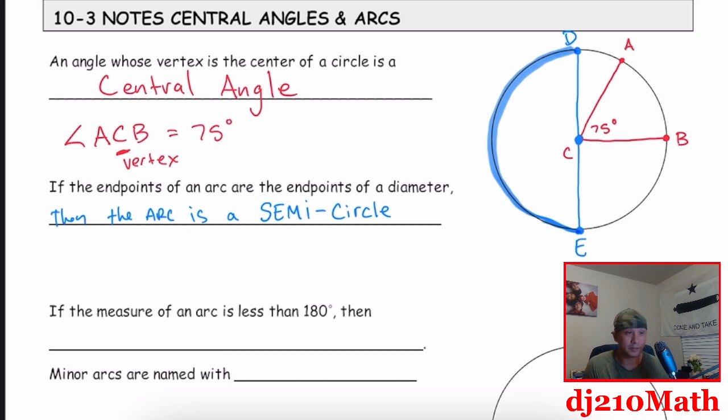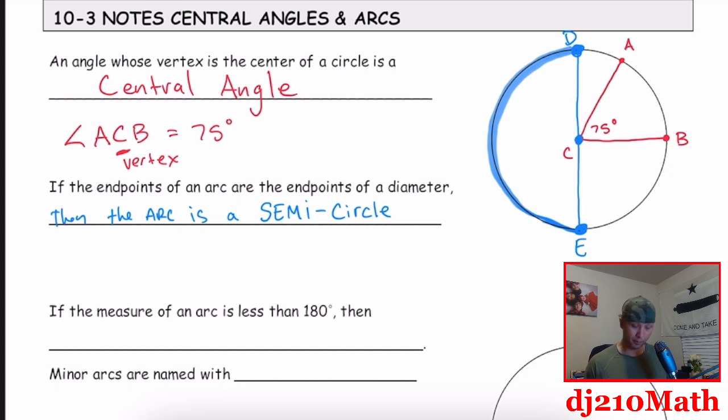Semicircle. If the endpoints of the arc are the endpoints of the diameter, as long as they match up, well, then this is a semicircle.